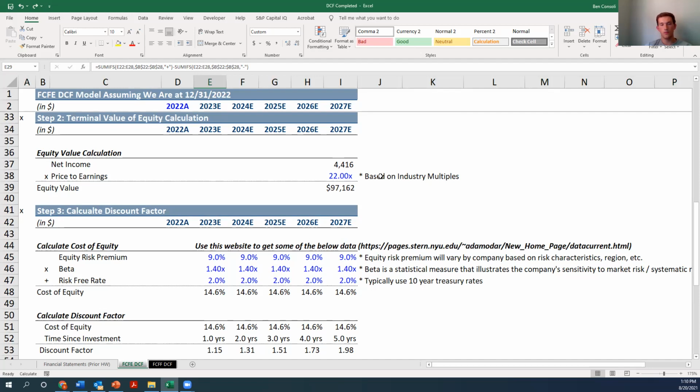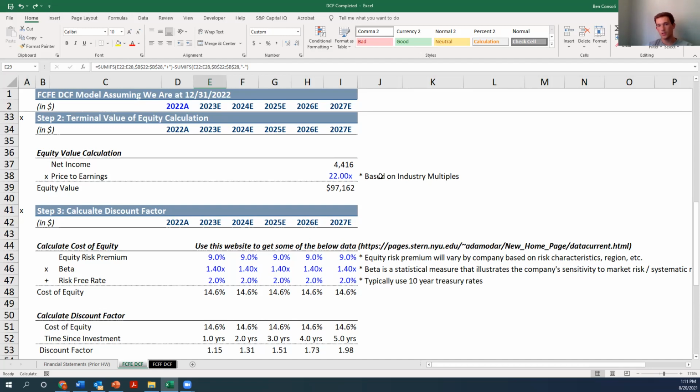In this case, we're going to be arriving at the equity of the entire business. That's the equity value of every shareholder, and later we're going to get to the equity value per share. So you start with net income for the entire firm, multiply it by the price to earnings ratio, and that gets you to the equity value of the entire firm.